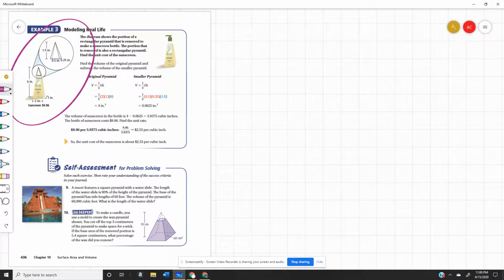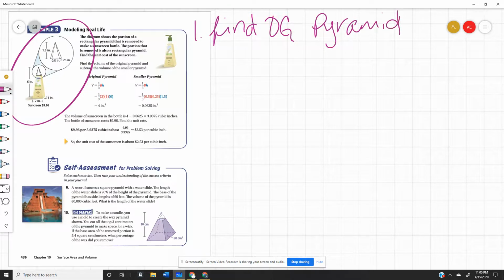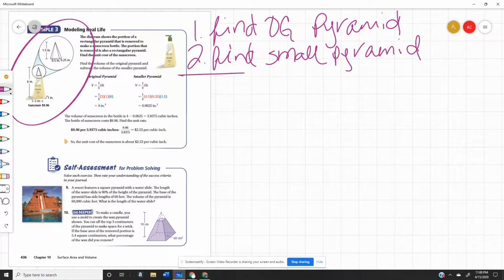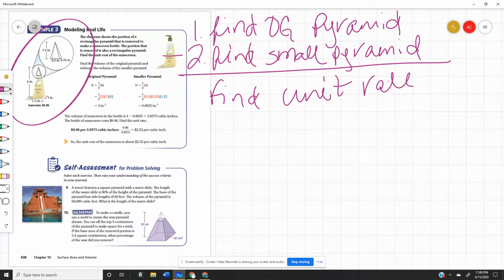So that's our plan. 1, find the original pyramid. 2, find the small pyramid. Then we're going to subtract them, and then we're going to find our unit rate. Okay? So let's look at our original pyramid.